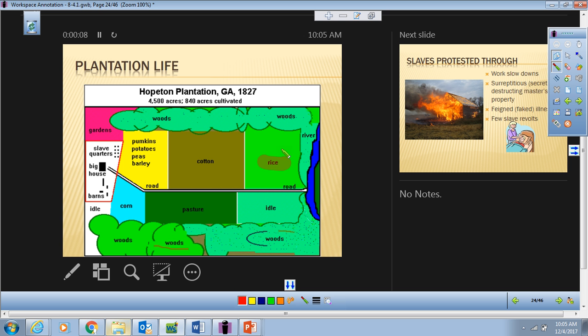You have to do what's called crop rotation. Rice is difficult because rice grows in a very select environment that's pretty much like a swamp. But if you plant corn here, you need to kind of grow pumpkins there next time because you can't grow the same thing in the same place over and over.